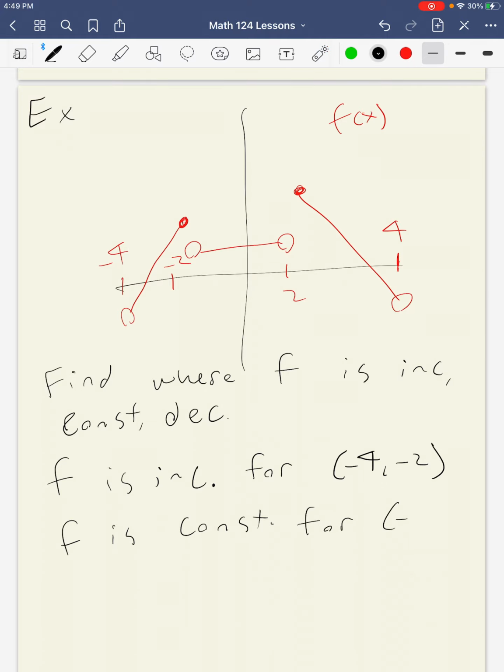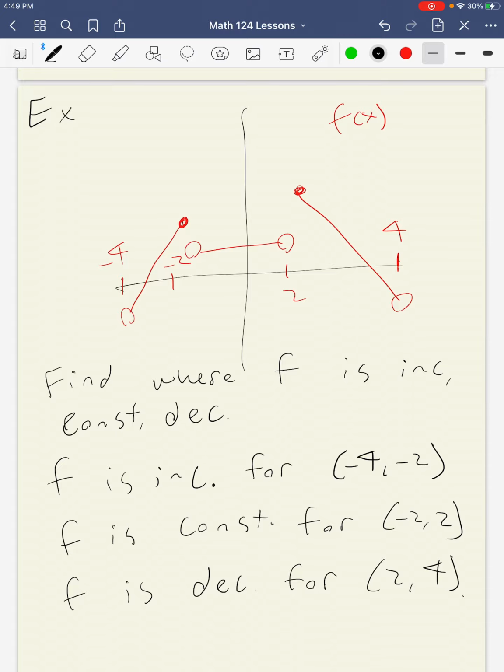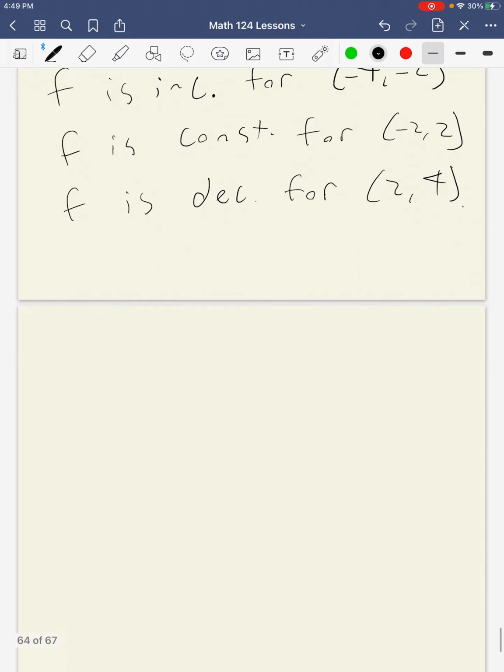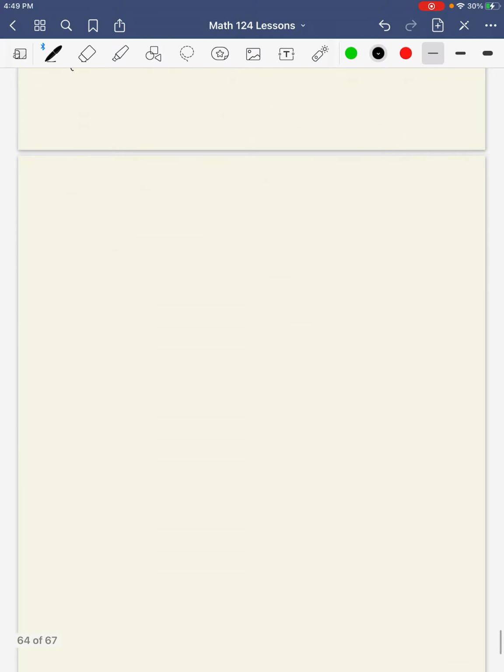So f is constant for -2 to +2. And similarly, f is decreasing for the x values 2 to 4. Okay. Let me try one more example.